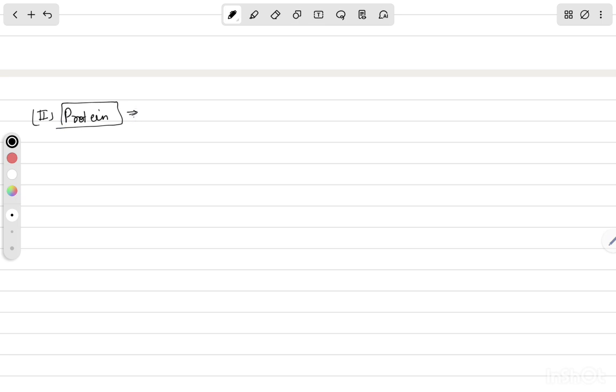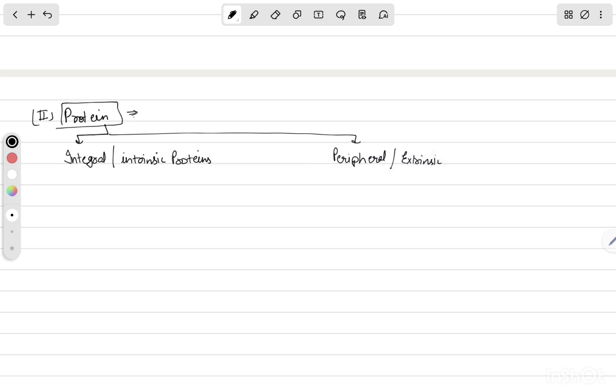Now, protein, on the basis of ease of extraction, is categorized into two categories: integral or intrinsic proteins, and peripheral or extrinsic proteins, right?